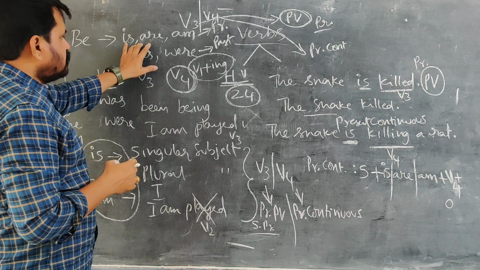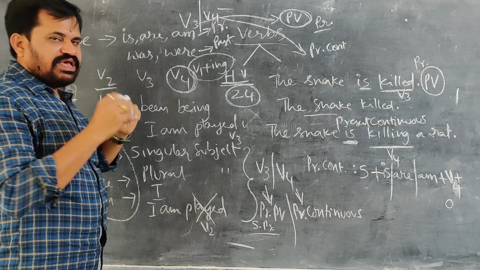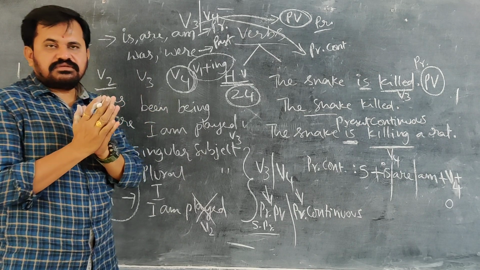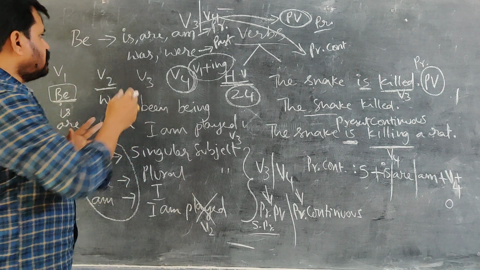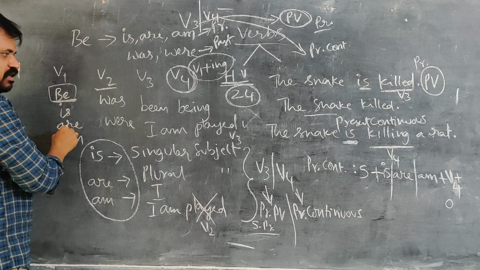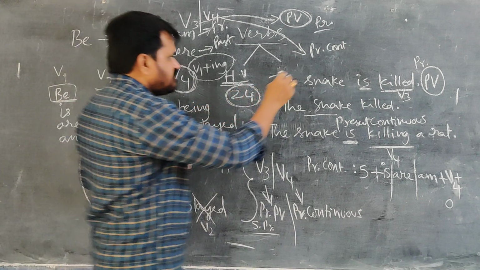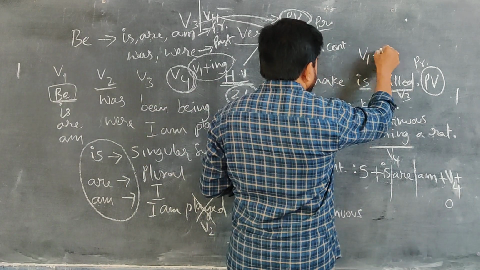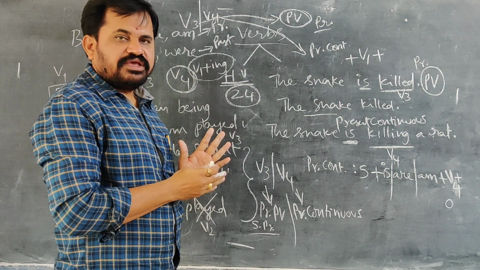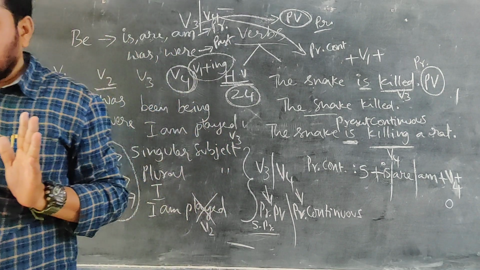If you use is directly without any main verb, as in 'He is a dancer', this is nothing but V1, as I already said.